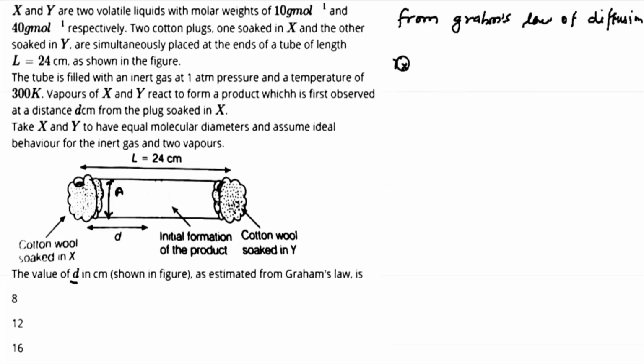Rate of diffusion of X gas upon rate of diffusion of Y gas equals under root molar mass of Y upon molar mass of X. Here we know that rate of diffusion is directly proportional to the volume, and the time to diffuse is the same.